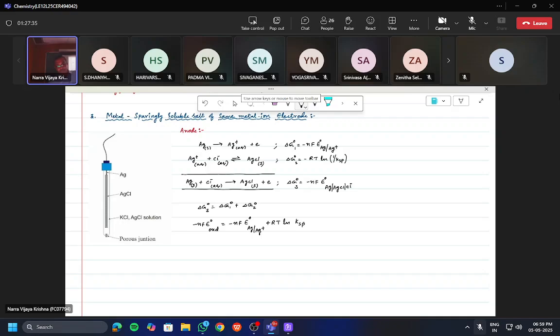Divide the total equation by minus nF. E0 of this half cell is equal to E0 of Ag to Ag plus, where this is the metal ion. This is a metal sparingly soluble salt, so E0 of the metal sparingly soluble salt is E0 of the metal ion plus something: minus RT upon nF ln KSP. Any questions?